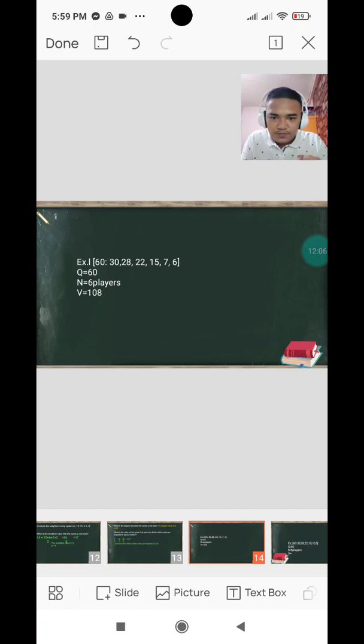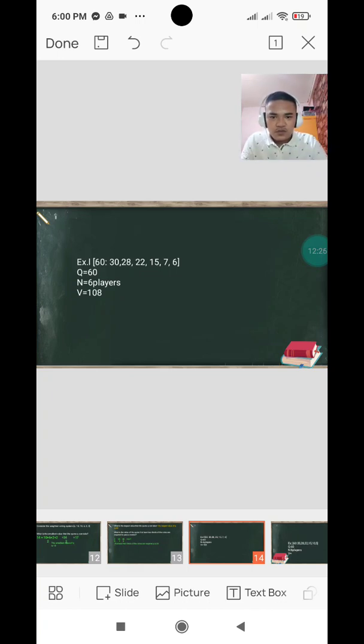Next example. Our quota here is 60. So, 30, 28, 22, 15, 7, and 6. We have 6 players, which is the 30, 28, 22, 15, 7, and 6.